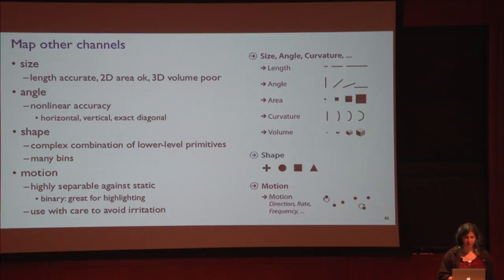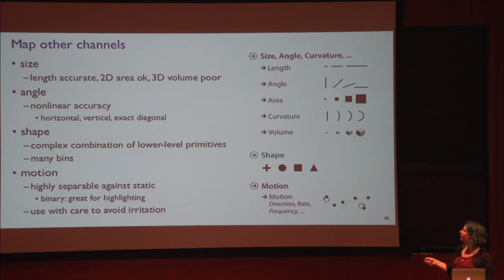But going back a bit to other channels, I've talked a lot about color because it's one of the most powerful and misused channels. Let me briefly mention some of the characteristics of these other channels. We are very good at noticing length coding. We are definitely not so good, but sort of okay at judging areas. We're quite poor at judging volumes, so be aware of that.